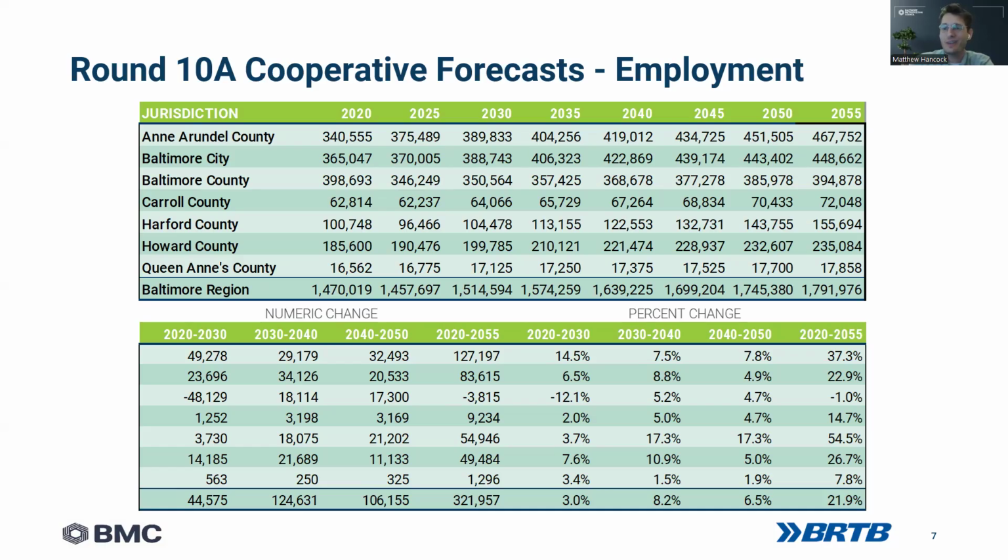Between round 10 and round 10A, the employment forecast for Baltimore County was reduced to mirror our QCW rates more closely than round 10 did. Our round 10 estimate for 2025 was 411,000 jobs, whereas now we are closer to the QCW estimate at 346,000 for 2025.